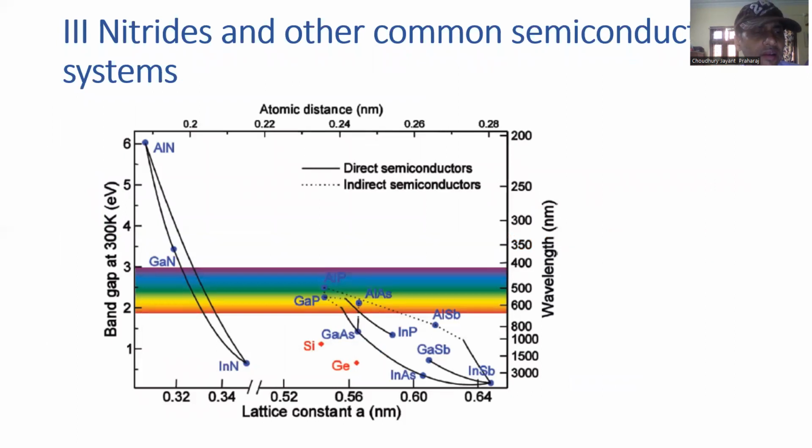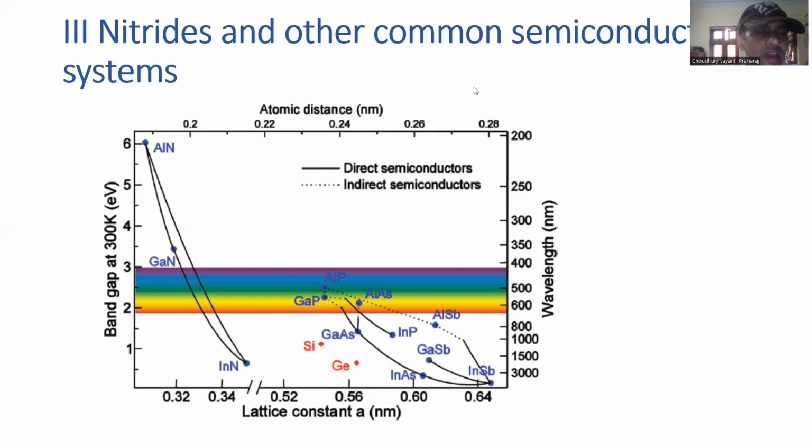This slide shows a comparison between the indium gallium nitride semiconductor system and other similar semiconductor systems. For example, it shows the group 3 arsenides and the group 3 phosphides as well.